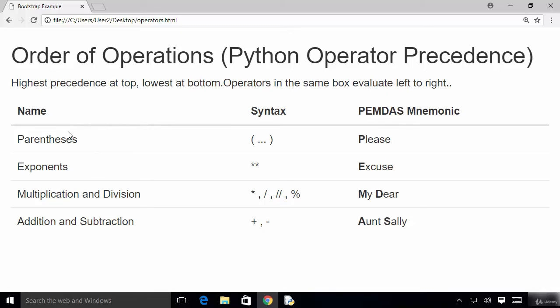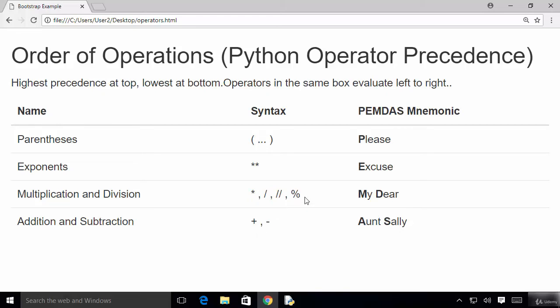So in this table, the highest precedence is at the top and the lowest is at the bottom. That means parentheses have the highest priority, and then the exponents have the next priority, and then the multiplication and division operators have the same priority here, and at last the subtraction and addition have the same priority.